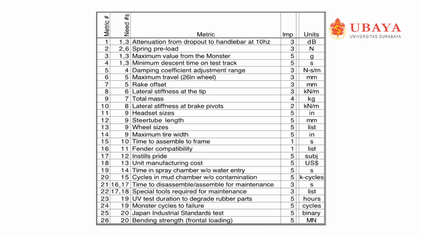And the importance level is 3 with a unit of decibel, or dB. Okay, and the rest, please take a look by yourself. Metric number 2, for example, corresponds to needs number 2 and 6, and so on.